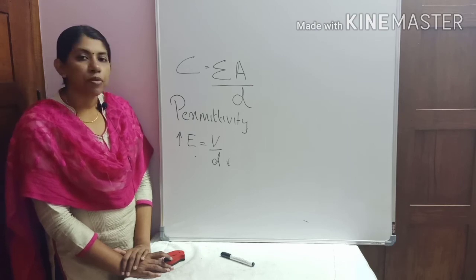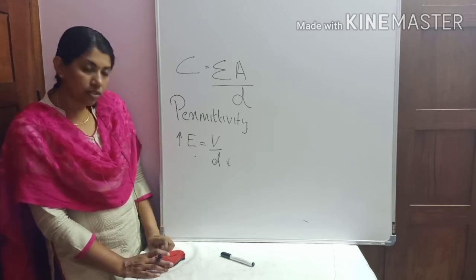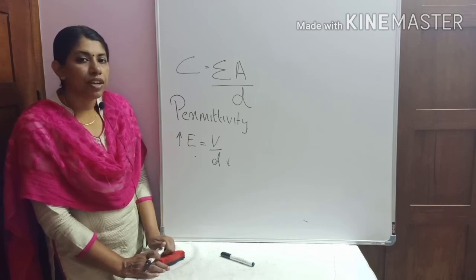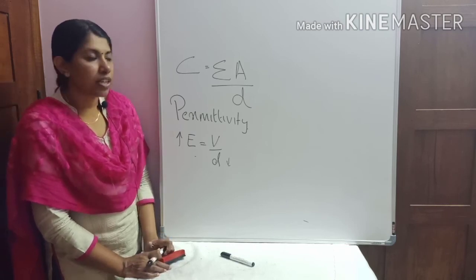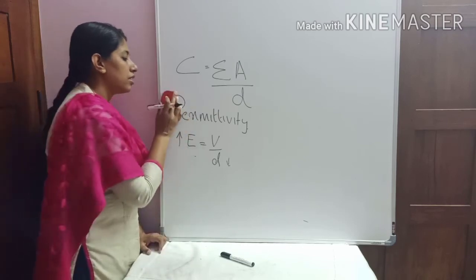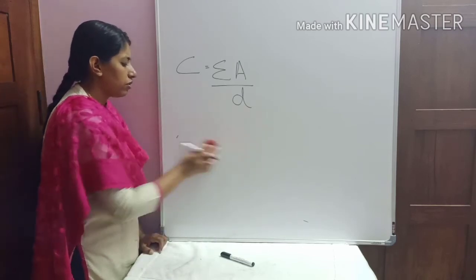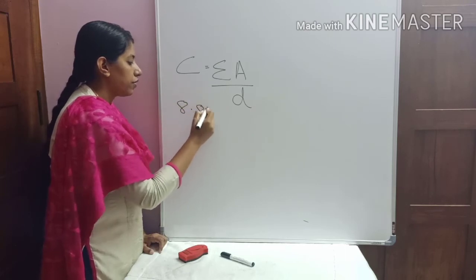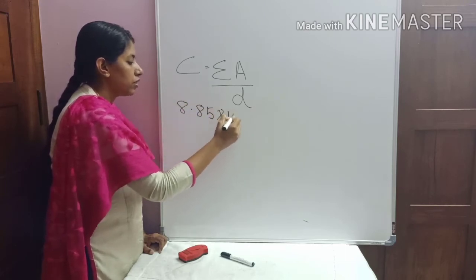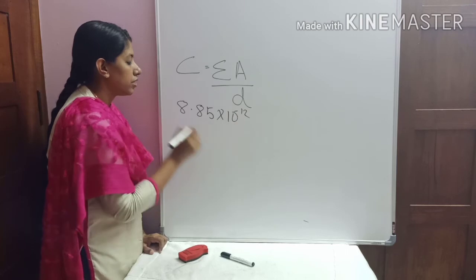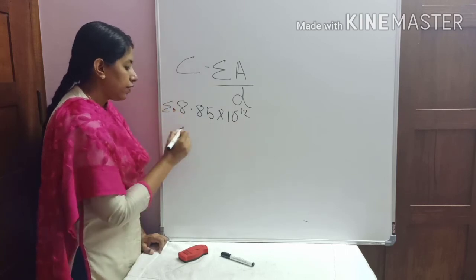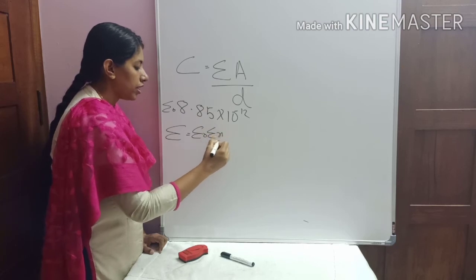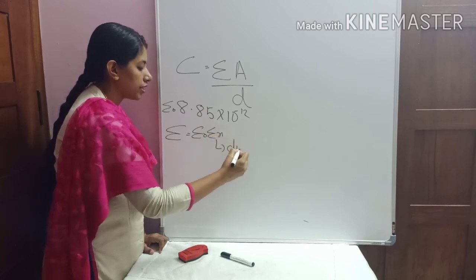And this is how the distance between the plates affects the capacitance. Now we will discuss the factor epsilon. Epsilon is called the permittivity of the medium, and it has a standard value, 8.85 into 10 raised to minus 12 farad per meter, and you all know this value. That is the value of epsilon 0, and we know that epsilon is equal to epsilon 0 epsilon r, and this epsilon r is called the dielectric constant.